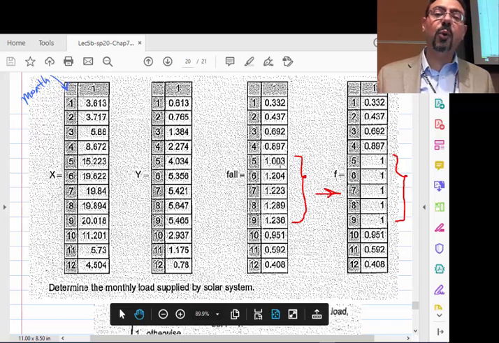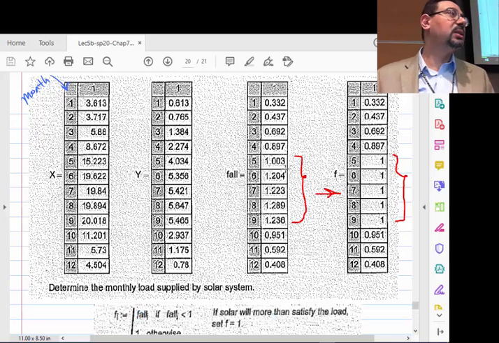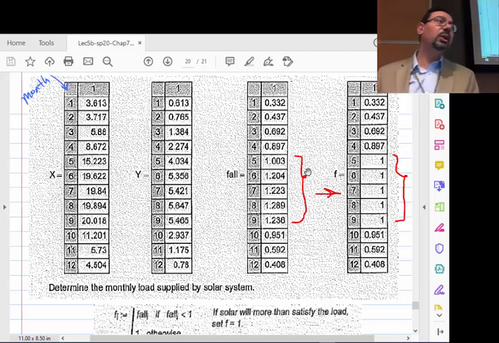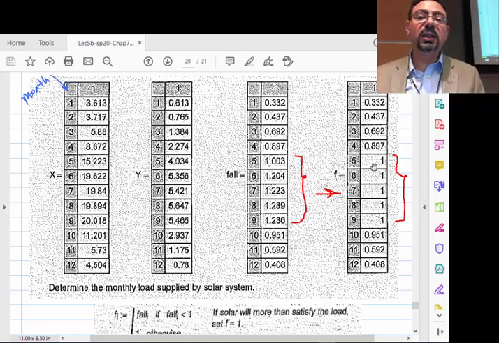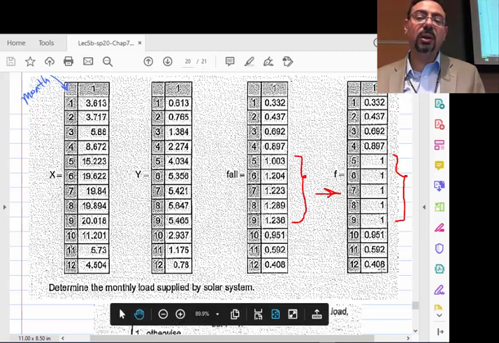When you get F more than 1, that basically means F should be 1, because that extra heat you are not going to use. In the summer, if they need 20 megajoules and you generate 25, it's wasted. So he set them to 1.